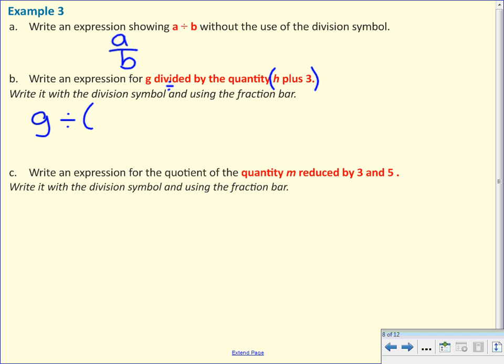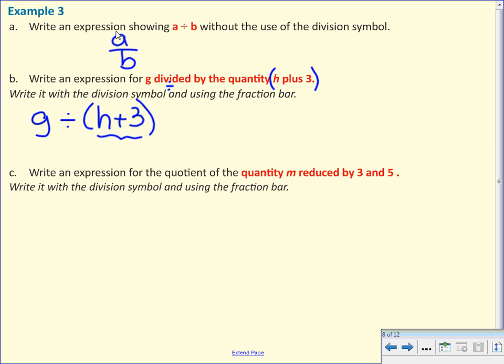So G divided by the sum of H plus 3. How come I need the parentheses? Do I have to have the parentheses? Why did I put them there, Naomi? Right, I would have to divide first because of the rules of order of operation, and that would have been G divided by H. But we don't want to divide G by H. We want to divide G by that sum. So I have to find out what that is first before I can divide it.